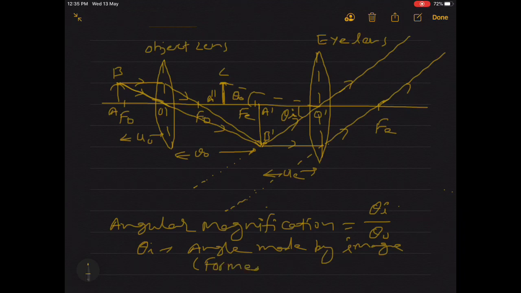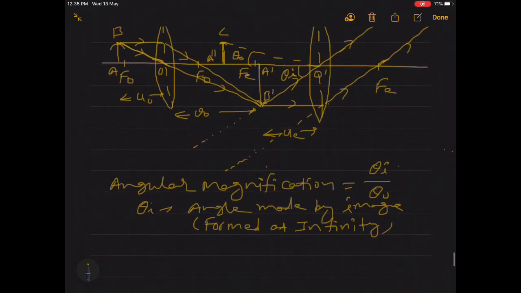Image is formed at infinity. What is theta O here? Theta O is the angle made by object.